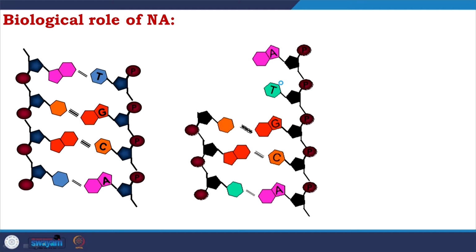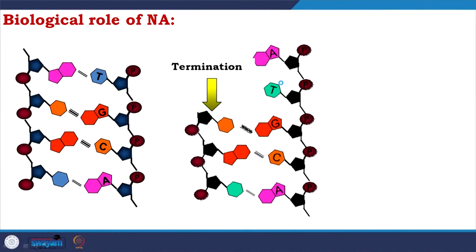If a dideoxy is incorporated, it would never allow the DNA to extend further, which will lead to the termination of DNA synthesis. So, this DNA would stop its elongation in the process of polymerization.